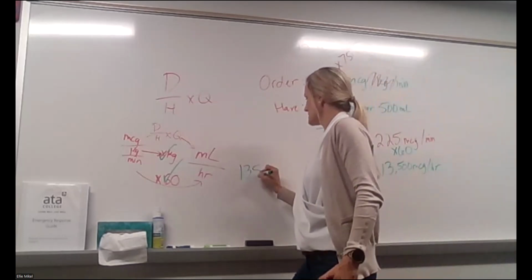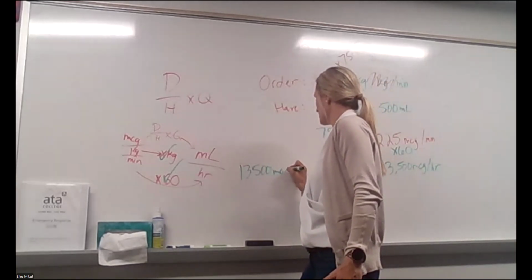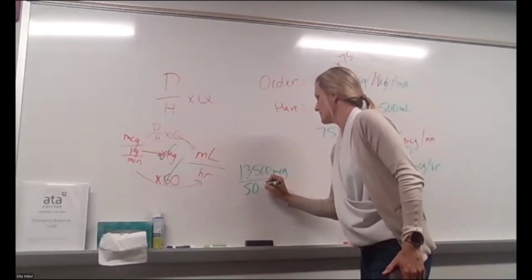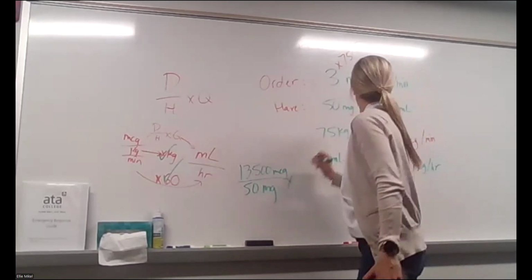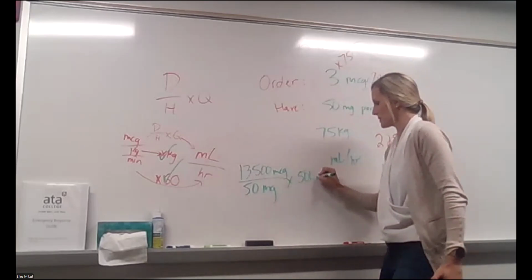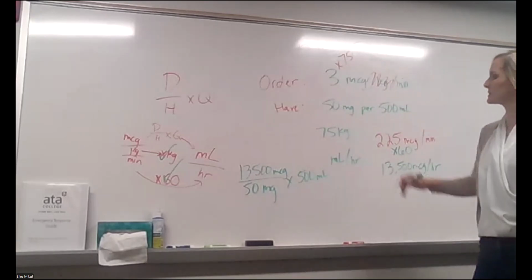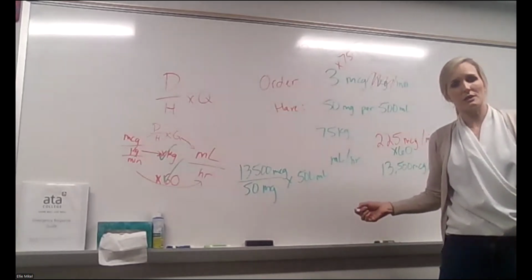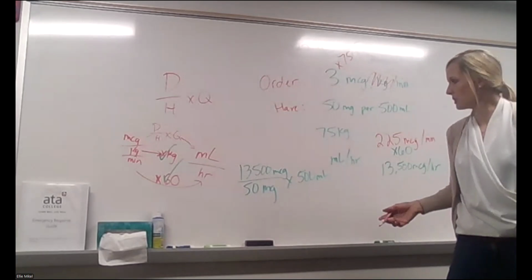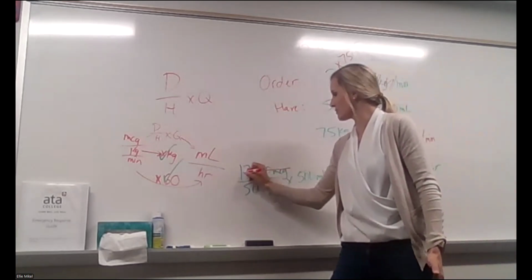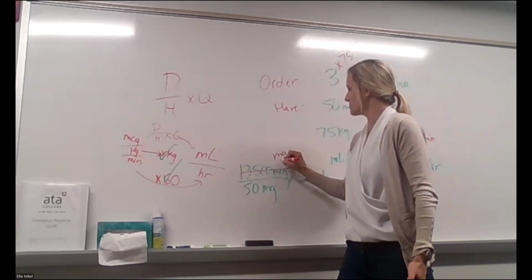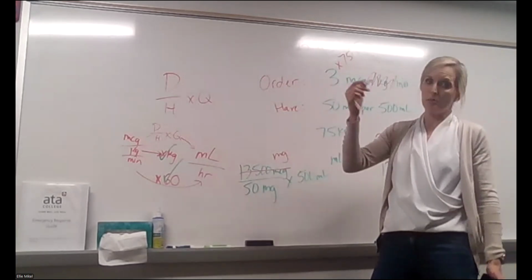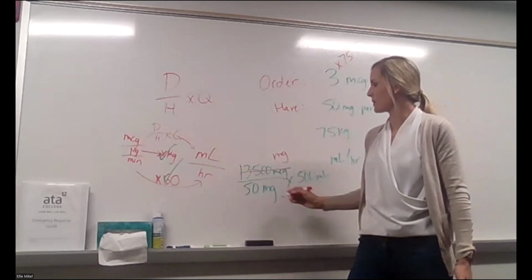So that was 13,500 micrograms. And then H and Q is 50 milligrams per 500 milliliters. Sorry, my head's blocking that, what was given to us earlier. So again, what we know about the dosage formula is we need D and H to be matching units. So as I did before, I'm going to convert those micrograms into milligrams by moving 3 places to the left, or again, taking this and dividing by 1,000.